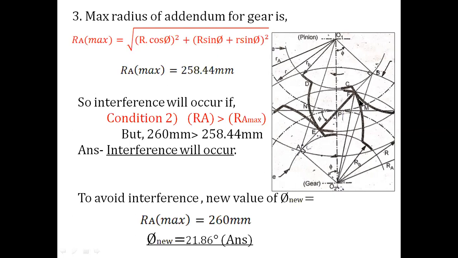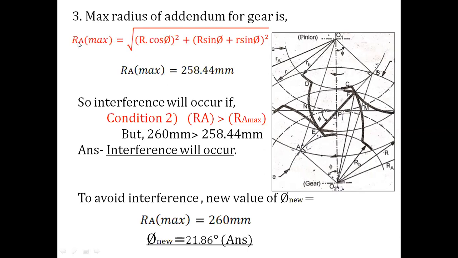For finding RA max, I am considering the triangle O2AB. Understand this formula clearly.